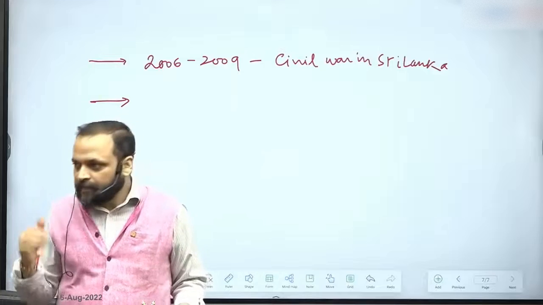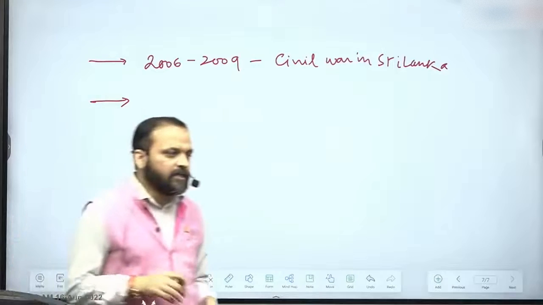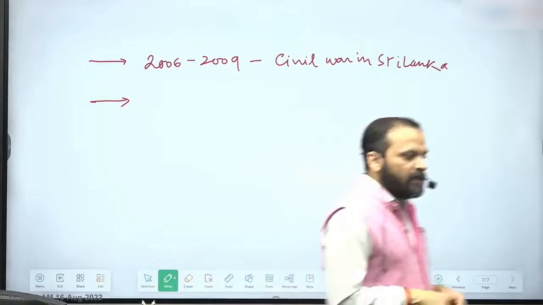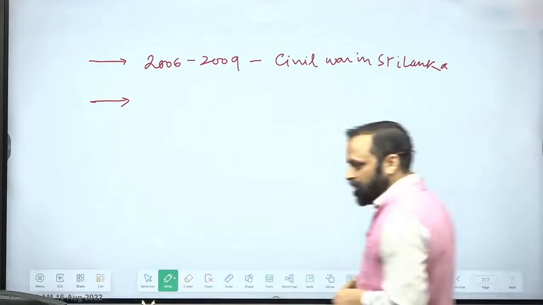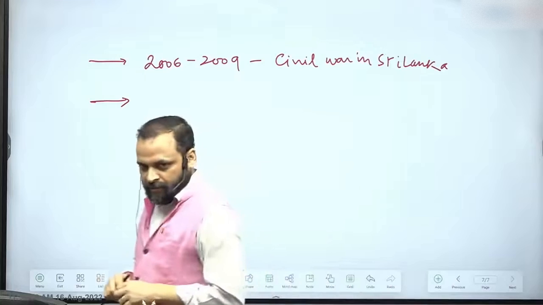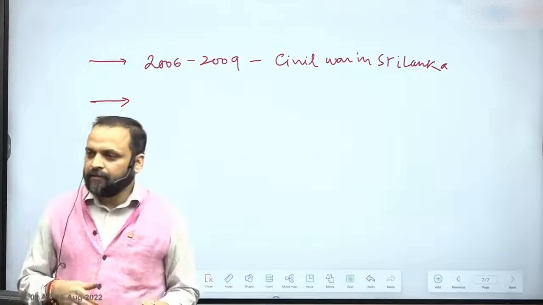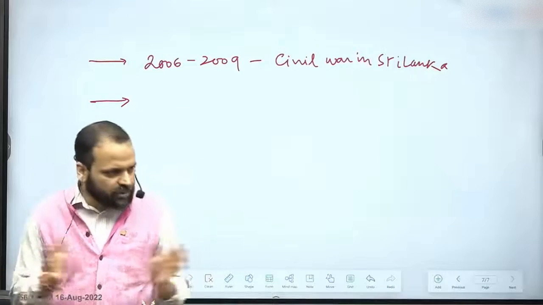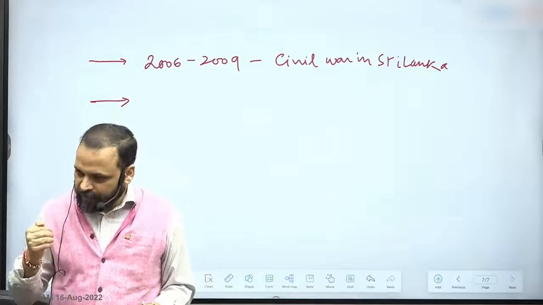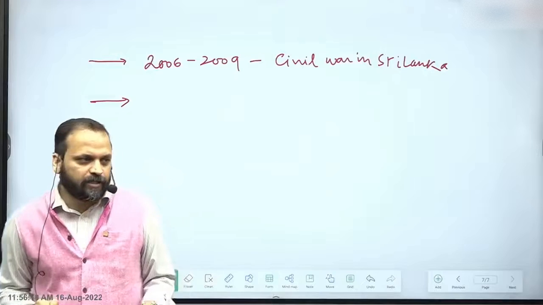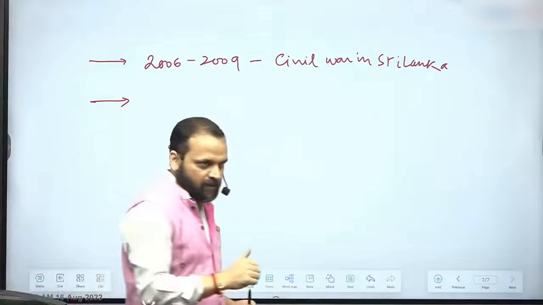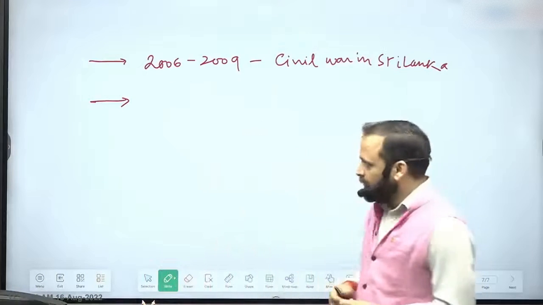So then Mahinda Rajapaksa adopted the tactics of a direct fight with the LTTE. So now the armed forces of Sri Lanka, so पहले क्या होता था? Aerial bombing और दूर से आप लड़ रहे हैं. Now the Sri Lankan army decided to go inside the stronghold of the LTTE in the northern and eastern parts of Sri Lanka. So this was a decisive phase of fighting.